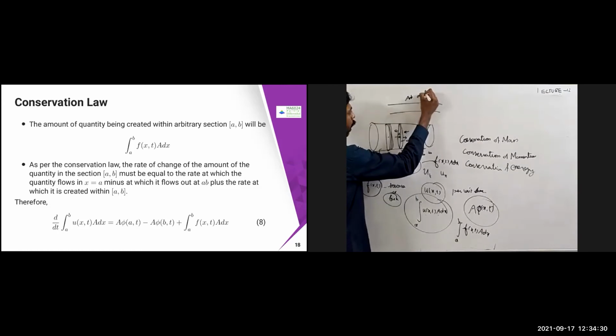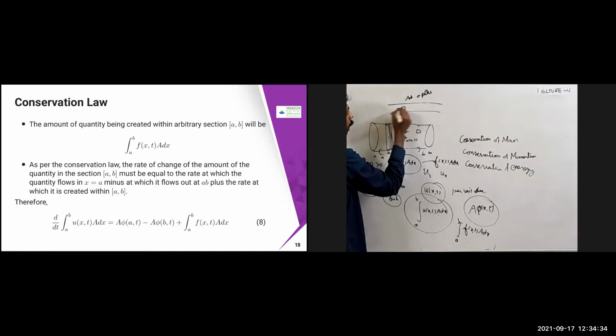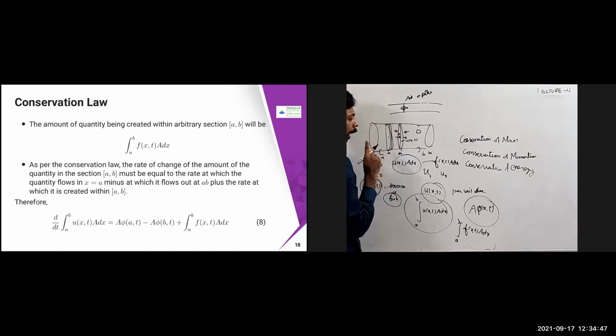The ant was staying here, and whatever was entering here was leaving here. If I just observe it here, I'm just an observer here. Whatever is entering here is going to be leaving here. Same thing is happening here also. What is going to be the rate of change of the amount of the quantity in the section a, b, the entire interval? I'm just an observer here, just observing what is going to happen.